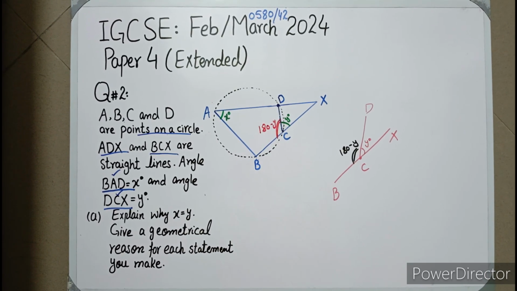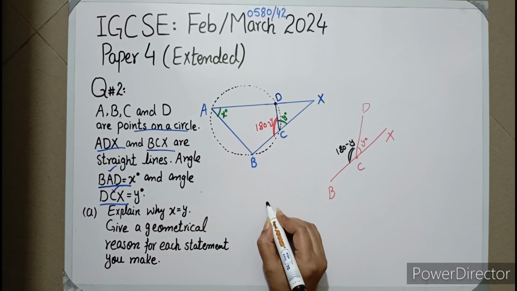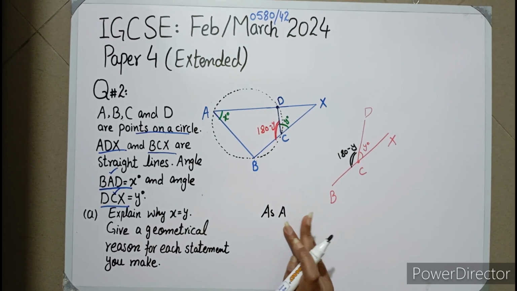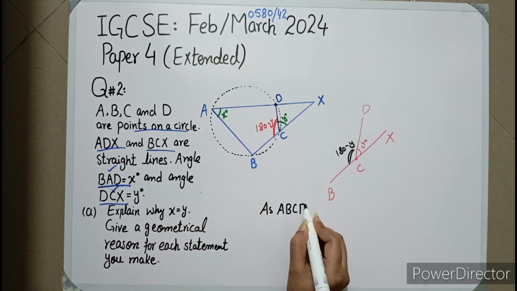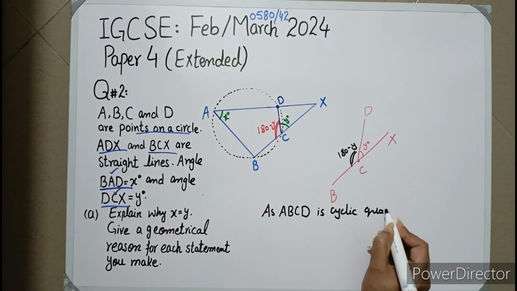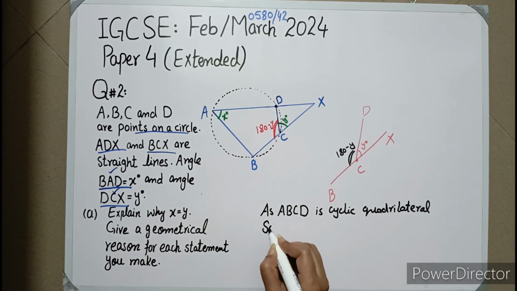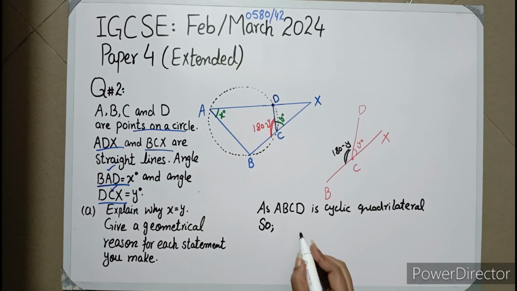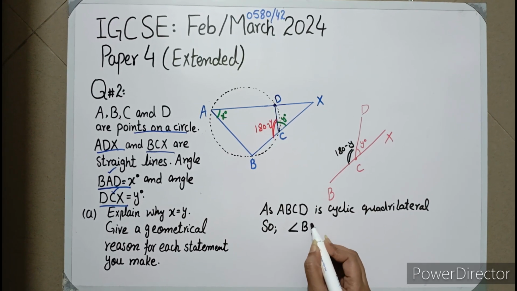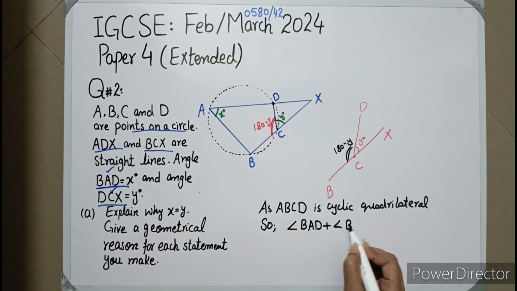So we are going to use the result of the cyclic quadrilateral. You will mention over here: ABCD is a cyclic quadrilateral. So what we will have is the sum of two angles, angle BAD plus angle BCD.